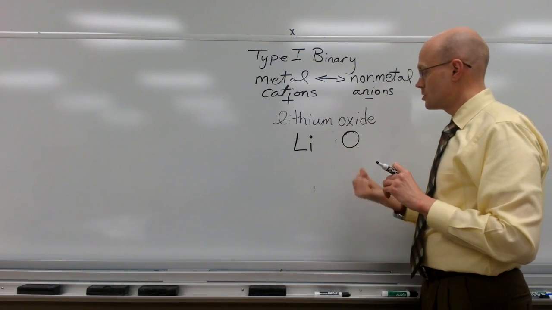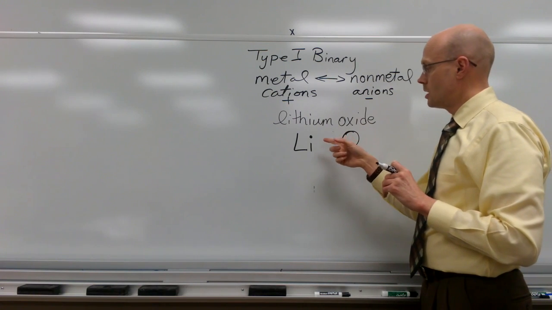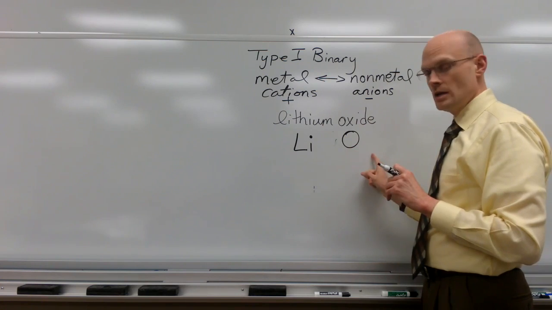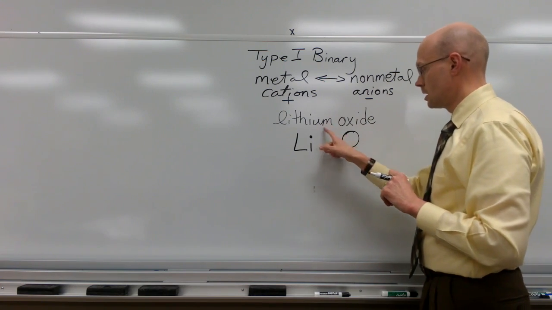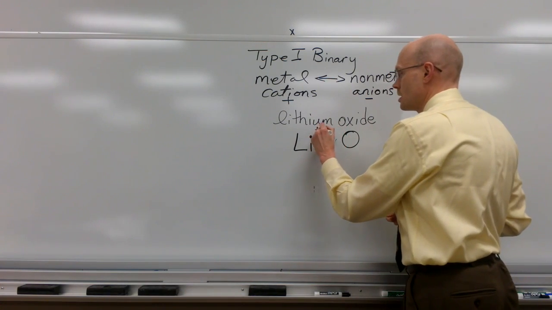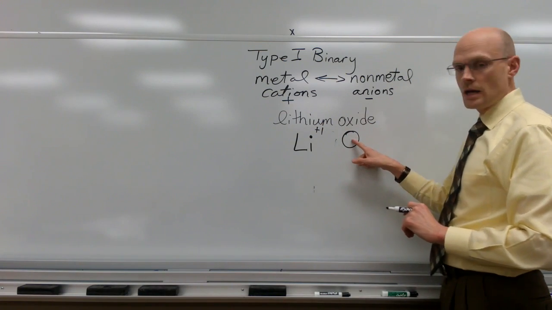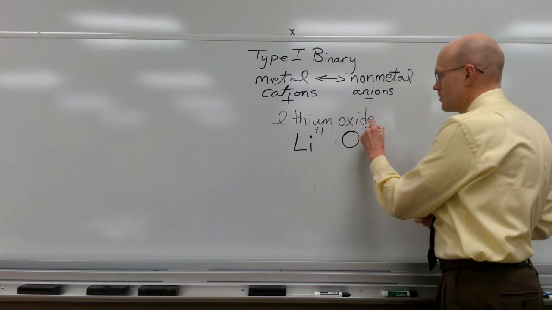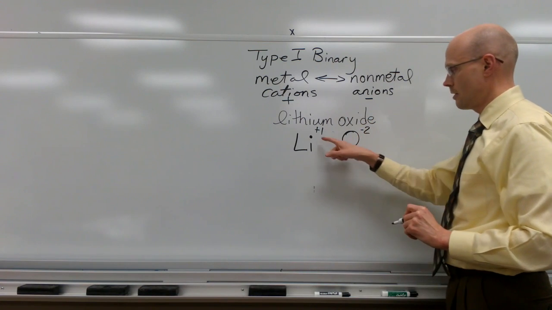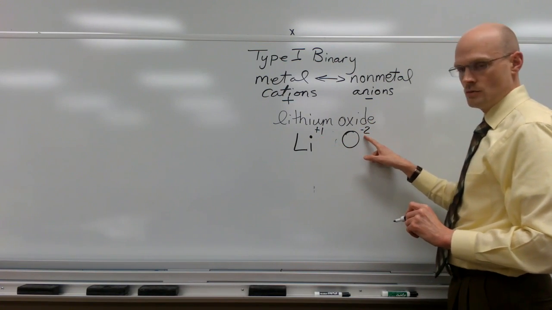So how do we determine the formula? We go and we get the charges of each one of these ions. The lithium ion has a +1 charge. The oxide ion has a -2 charge. So we have a +1 and a -2.